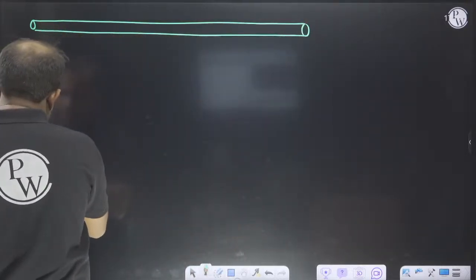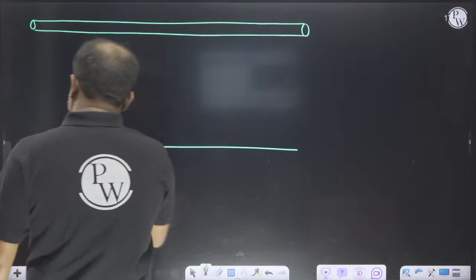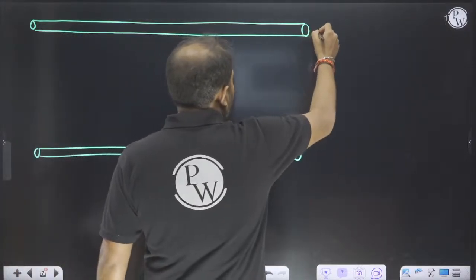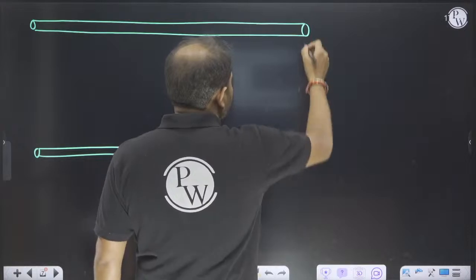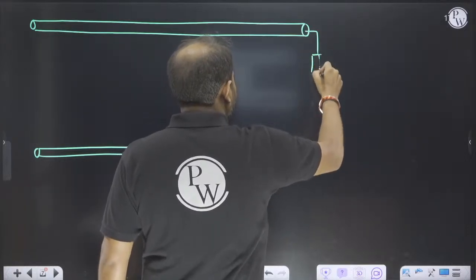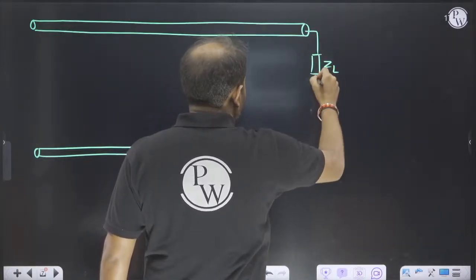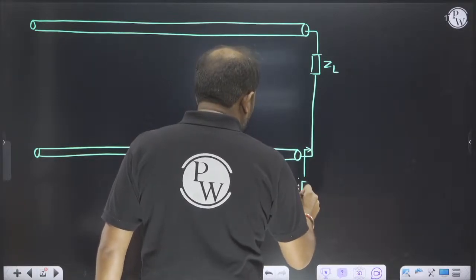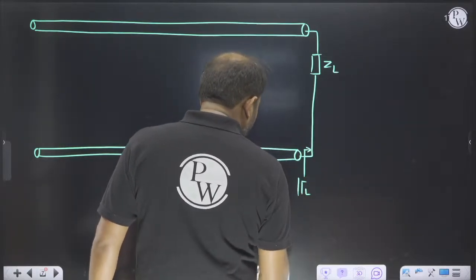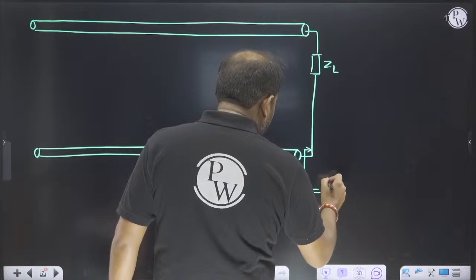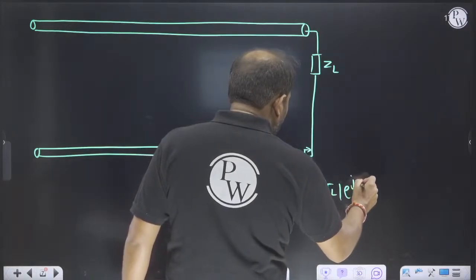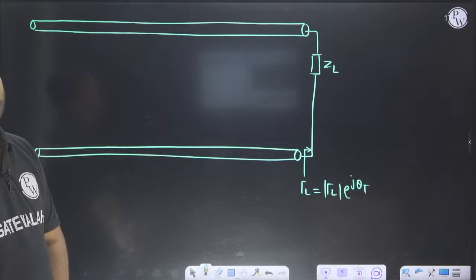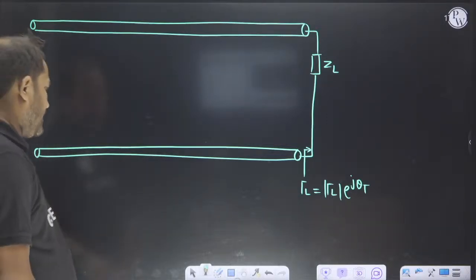Here we have the load ZL, and gamma is magnitude of gamma L e to the power j theta gamma.